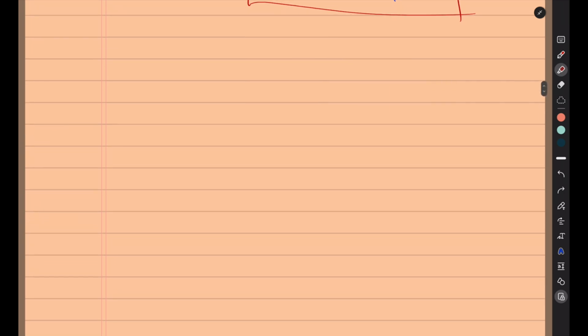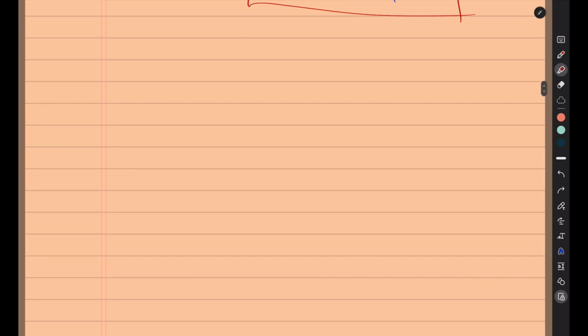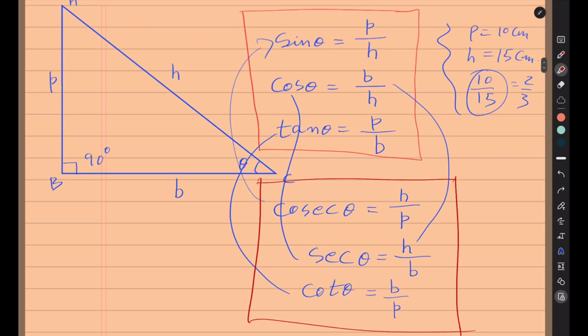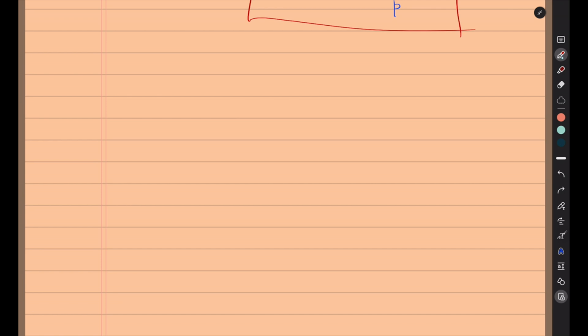After going through all those things and revising it a little bit, we can go further. Actually here now we will concentrate upon establishing two basic relationships between these trigonometrical ratios, sine theta, cos theta, and tan theta. One very basic relationship which you can actually guess is that tan theta is the ratio of P and B. So we can say, just divide both of them by H. Then what does this ratio become?